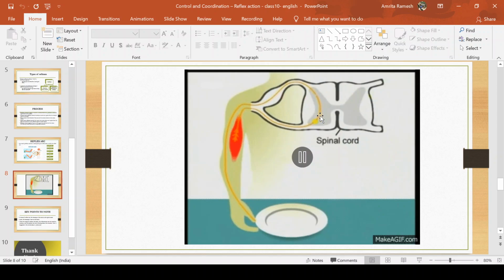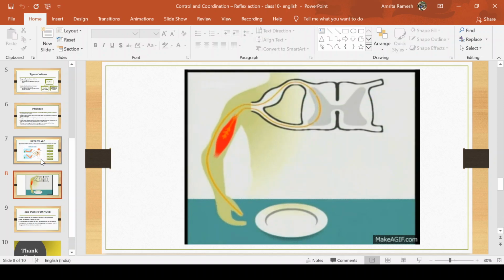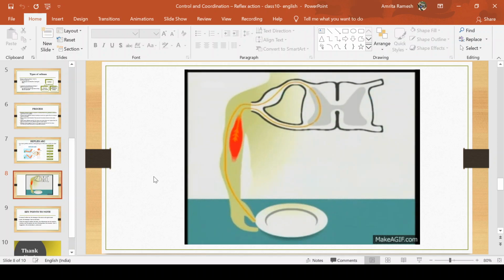From the relay neuron, it will come back via the motor neuron to the effector organ, that is the muscle. And the hand will be pulled back. If you see now, the hand is being pulled back. So this is the reflex action, reflex arc. See, here it goes, comes back here, and the hand is pulled. So this is reflex arc or reflex action.